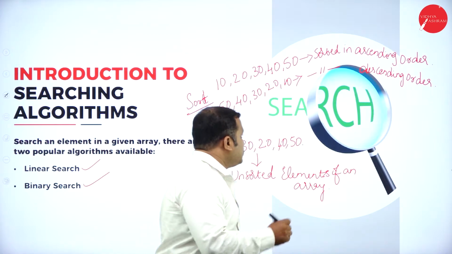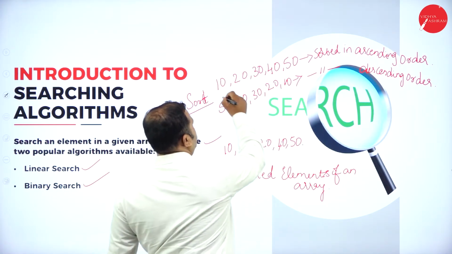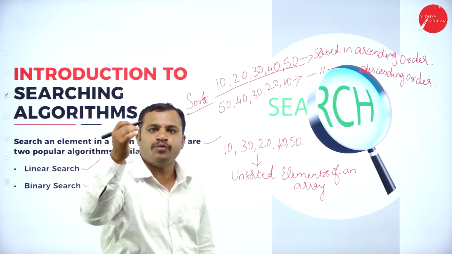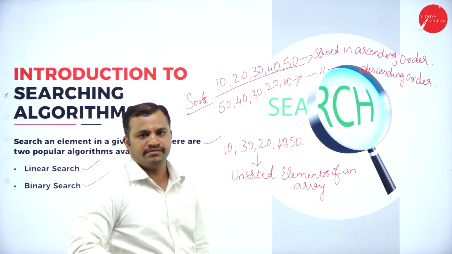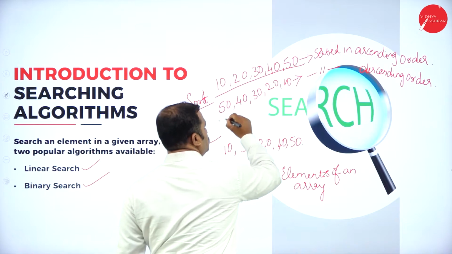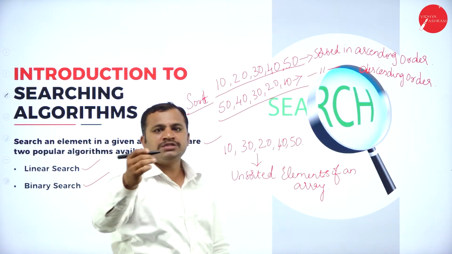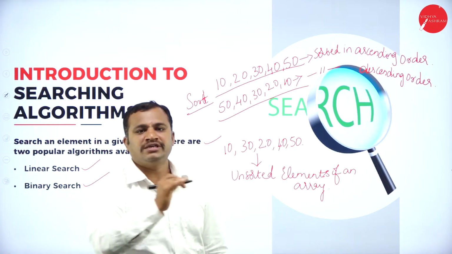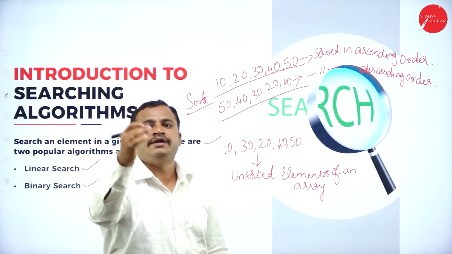Now, you will see that the elements of this are in increasing order, that is 10, 20, 30, 40, 50. Now in the second list, you have the elements which are in the decreasing order, that is from highest to lowest, that is 50, 40, 30, 20, 10.